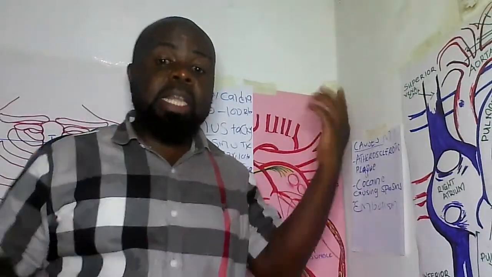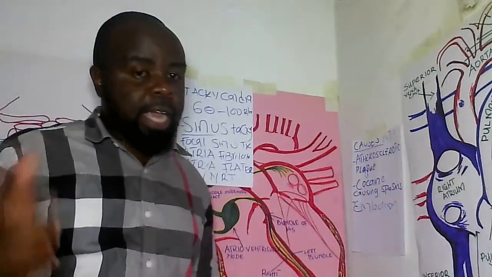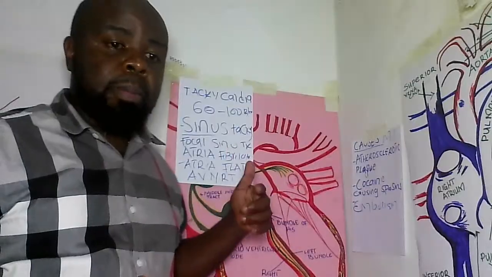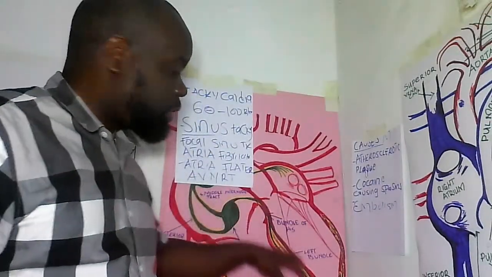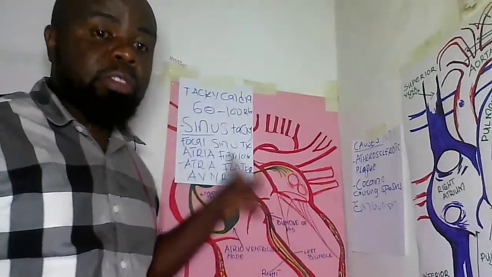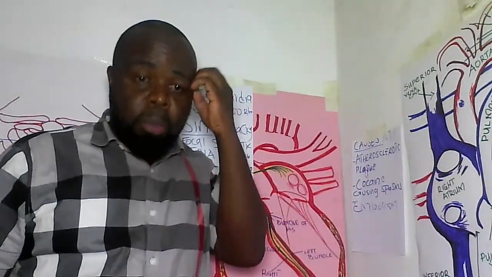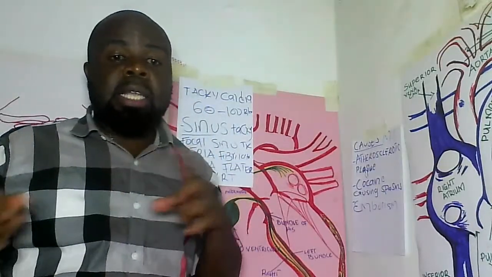They are just rhythms that are beating. And if you are coming in right now, it's important to start from the beginning, because we learned the normal track it takes. But these ones we are talking about now are abnormal. That's why they are called tachycardias, arrhythmias.